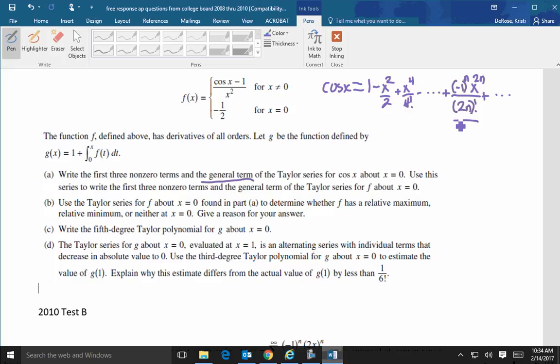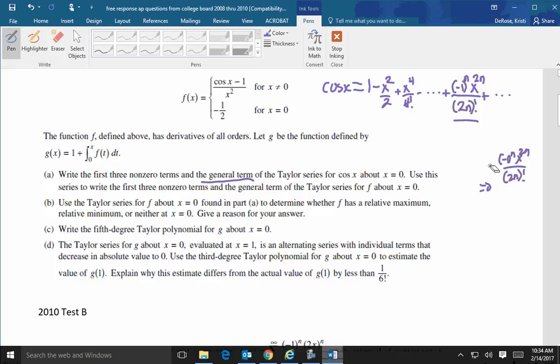No. So I don't want to see the summation symbol for this part. Whatever would be in here, what that would equal, that's going to be the same thing as what you see there. So the general term is just the same as what goes into the series, but written as the general term like that.